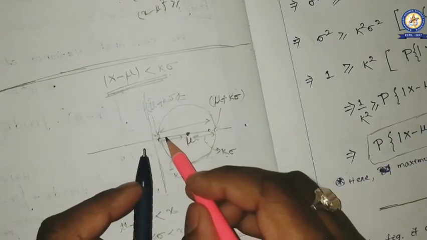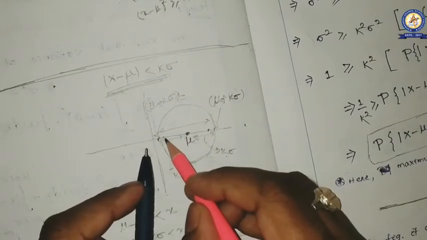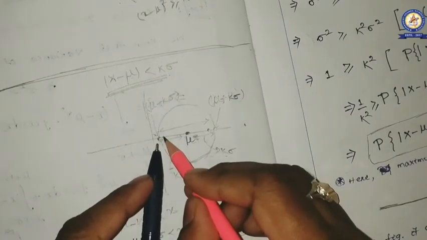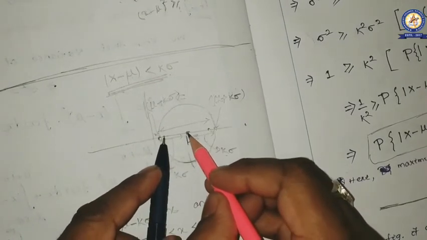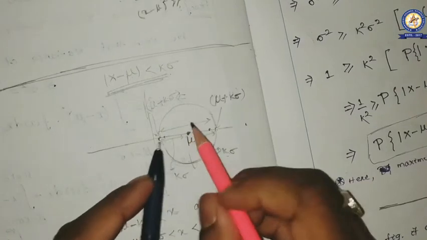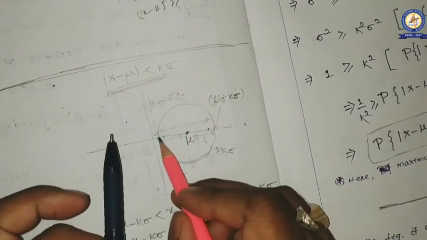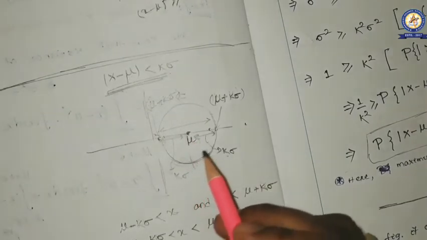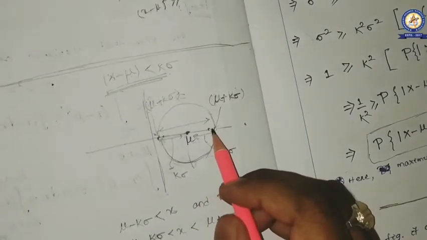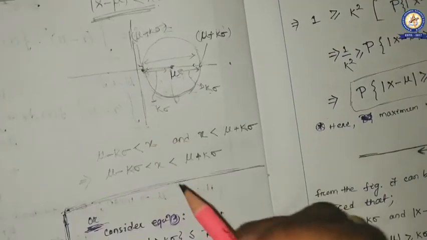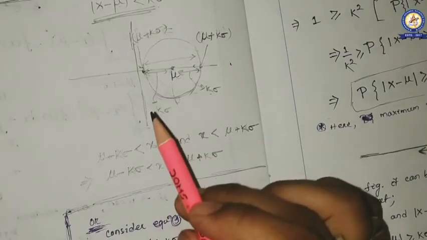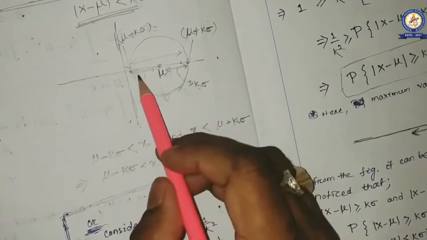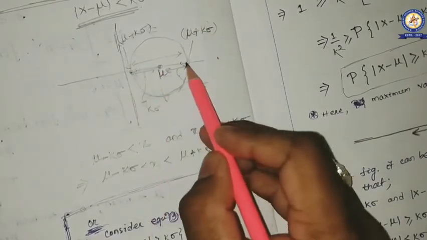Likewise, if you consider this point, which belongs to x in the negative x-axis direction, this much distance is less than k sigma, because k sigma is this much distance, the radius. So hence the x values we have to choose to satisfy this condition should be in between this point and this point.